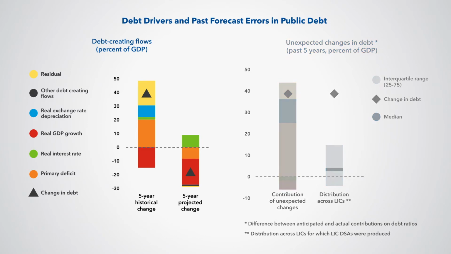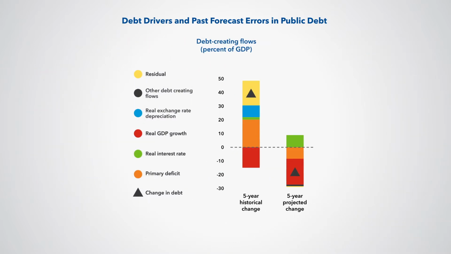The left panel in the figure displays the debt-creating flows that account for the change in debt both in the last 5 years, shown in the figure as historical change, and in the first 5 years of projection, shown in the figure as projected change. 5 public debt-creating flows are presented in the figure.